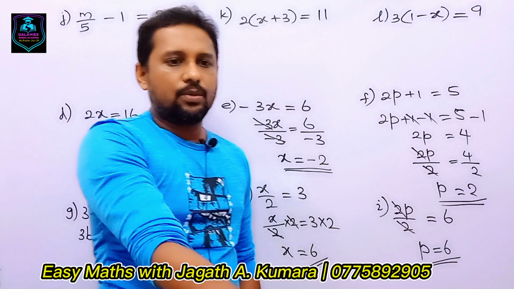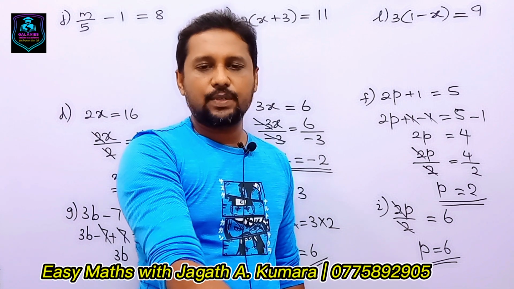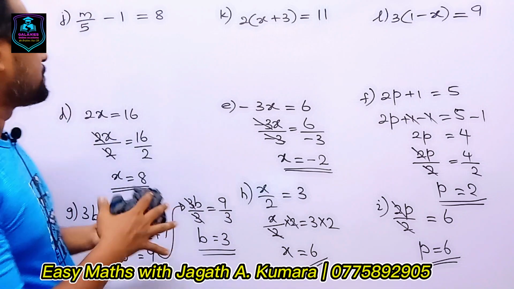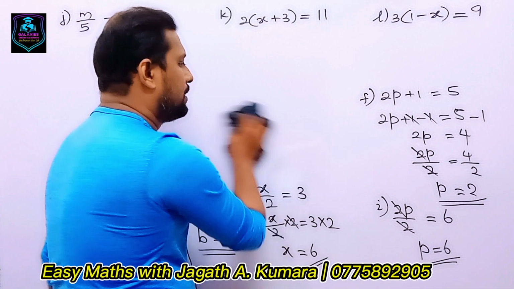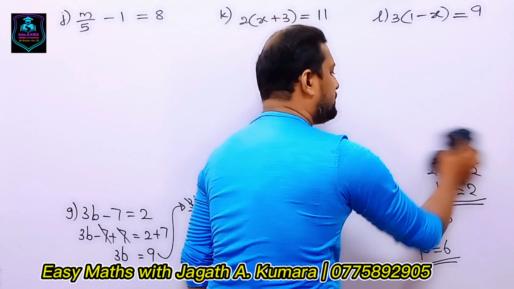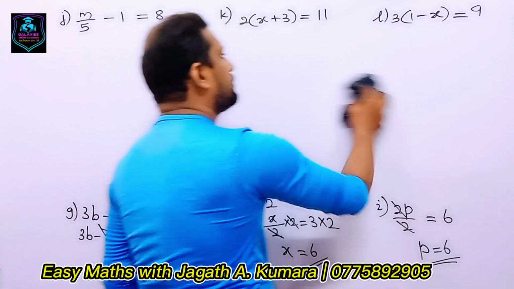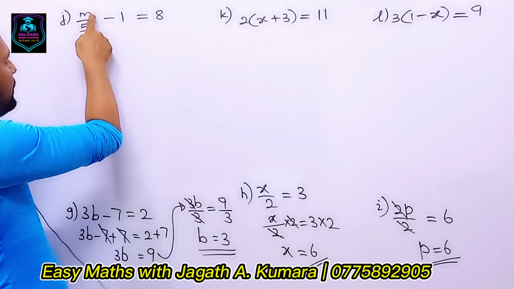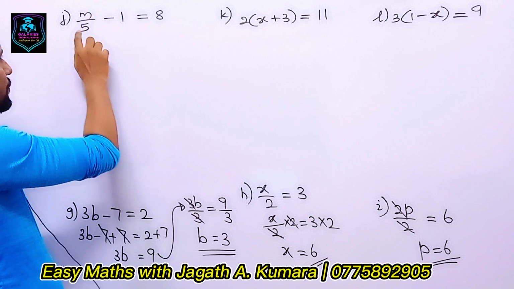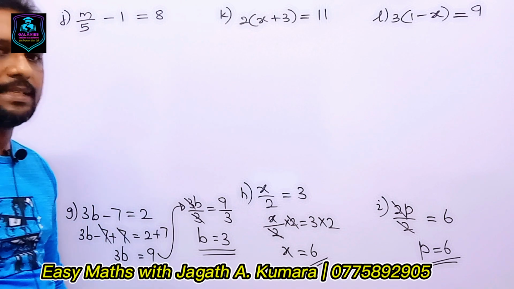Okay, then let's go to check the answers for these last 3 parts. Right, look at this one. We want to find the value of m. So 5 and 1 you have to remove from this side.